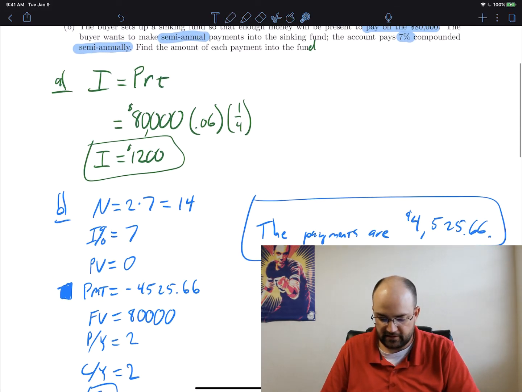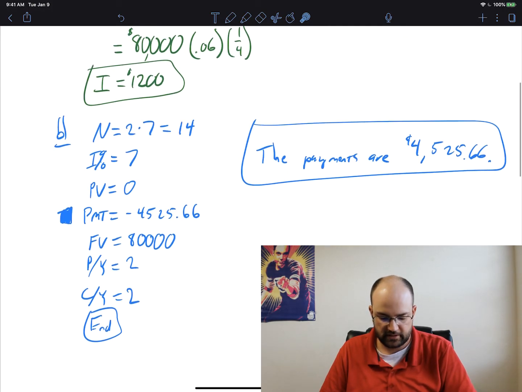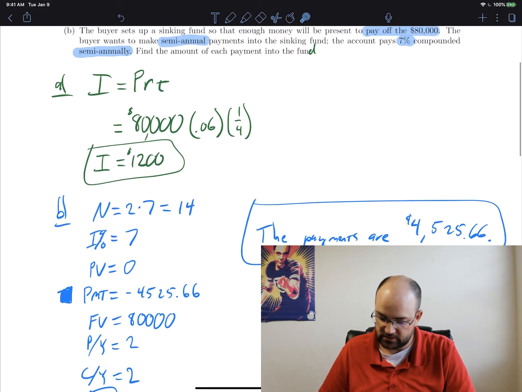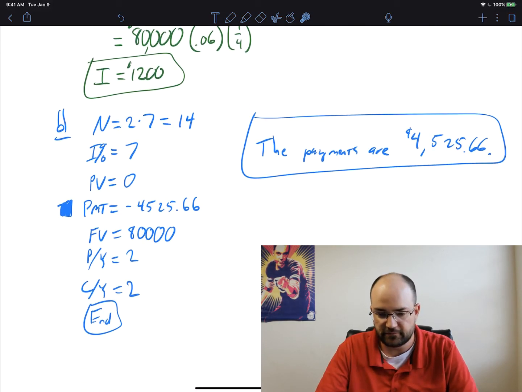And remember that the buyer is paying $1,200 every 3 months, right? So every 3 months they're paying $1,200. In other words, every year they're paying $4,800 to the seller just to basically have use of the land during that time. And what is 4,800 times 7?